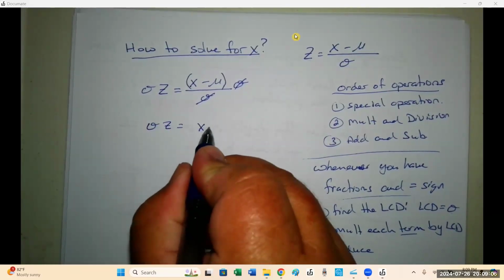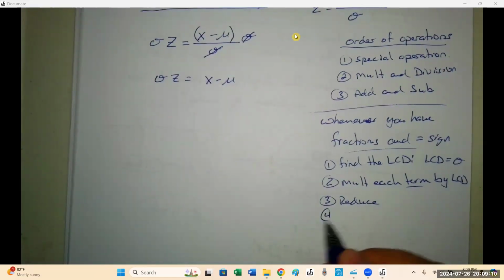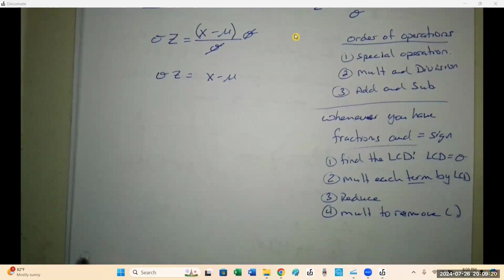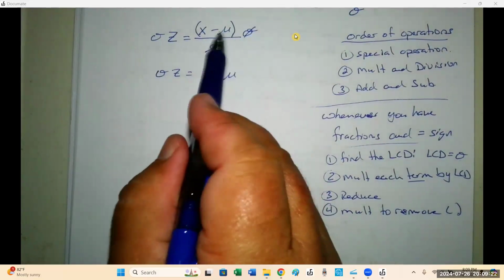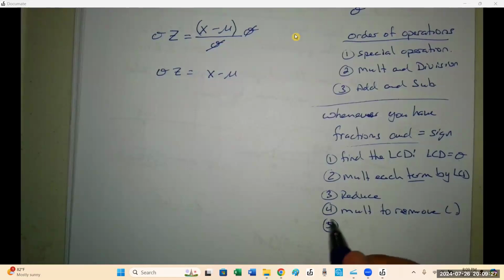So we have x minus mu. Multiply to remove parentheses. But since these canceled, there's nothing to multiply. It just drops them.